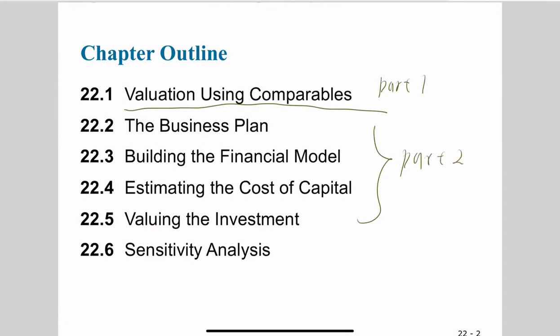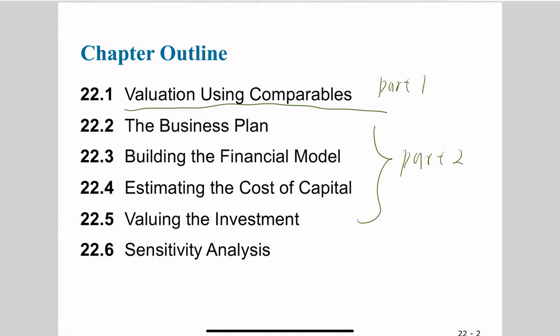Basically, we will look at an acquisition, and we will want to value the target firm. In part 1, we will use a very simple valuation technique. We will just use some comparables. That is, we will use some valuation ratios and compare them with comparable firms.